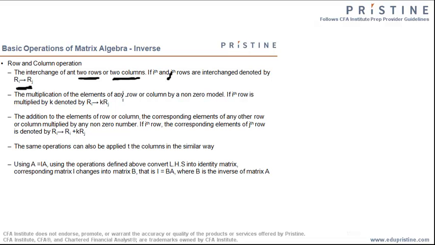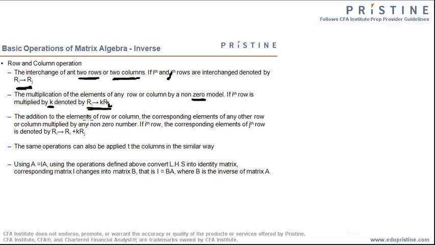Multiplication of elements of any row or any column by a non-zero number, if ith row is multiplied by say k, which is a scalar, then this operation would be denoted as the ith row, that is Ri, goes to k times of Ri. So now the new Ri is k times of Ri.